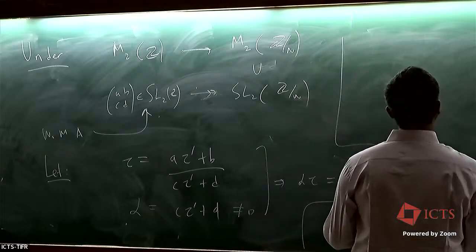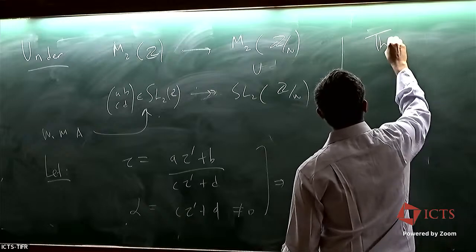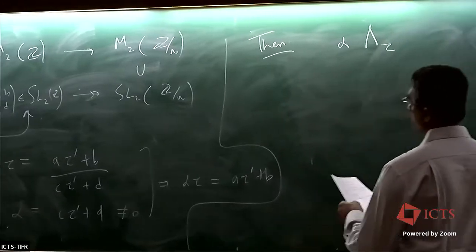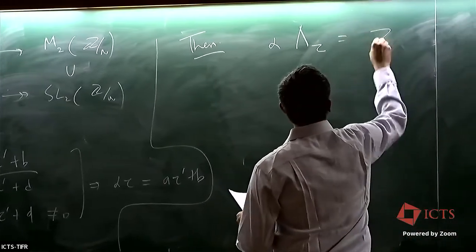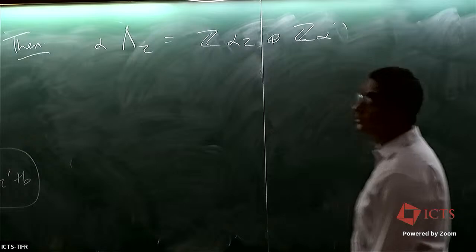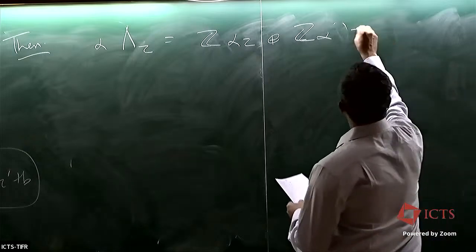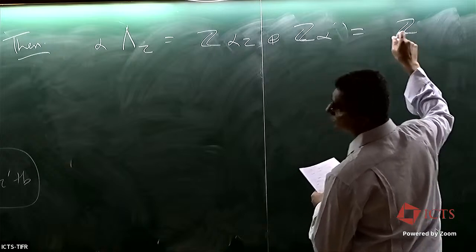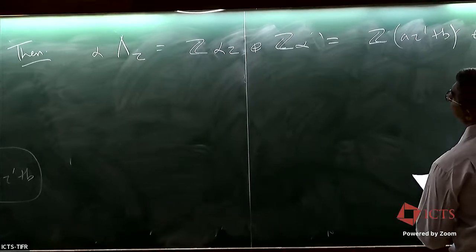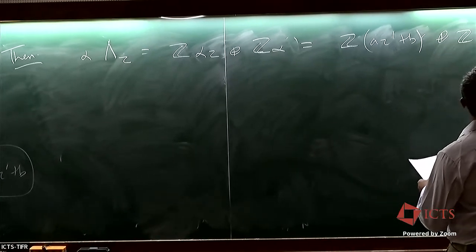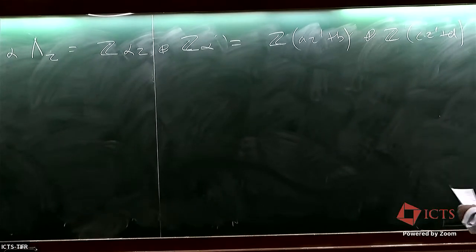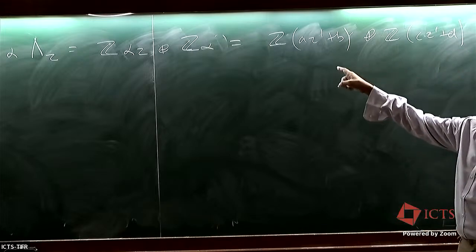What do we notice? So do some computations. If you multiply alpha by lambda tau, what happens? You get Z alpha tau plus Z alpha. Lambda tau is spanned by tau and 1, which is Z. Alpha tau is the numerator, yes, A tau prime plus B, plus Z, and alpha was the denominator, C tau prime plus D. But we had assumed ABCD was in SL2Z.